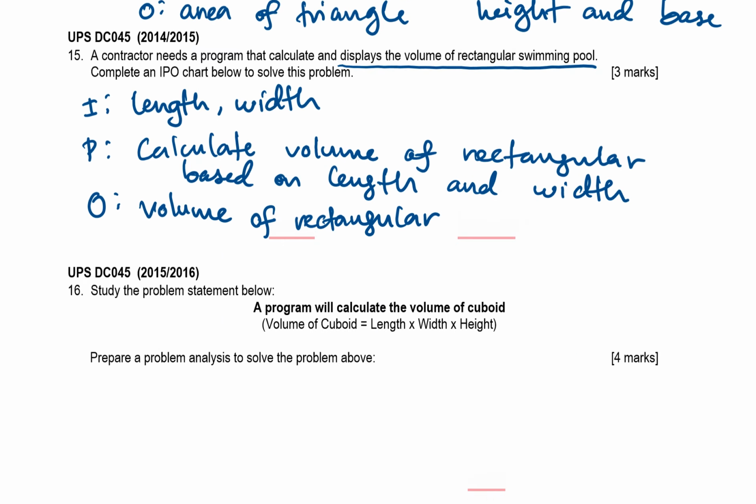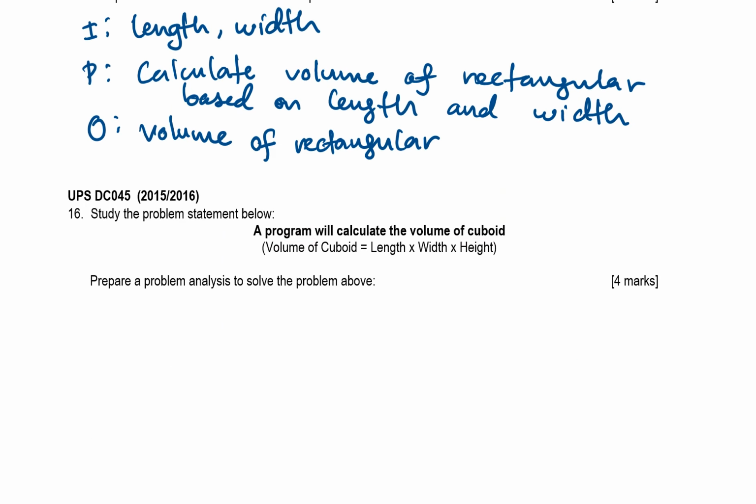Okay, next we move to question number 16. So for question number 16, a program will calculate the volume of a cuboid. So you have to create a simple program to calculate the volume of a cuboid, and the formula is given. If the formula is given, for me it is very easy to identify the IPO. So what is your output?